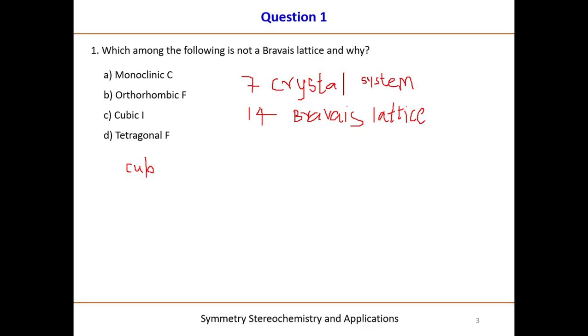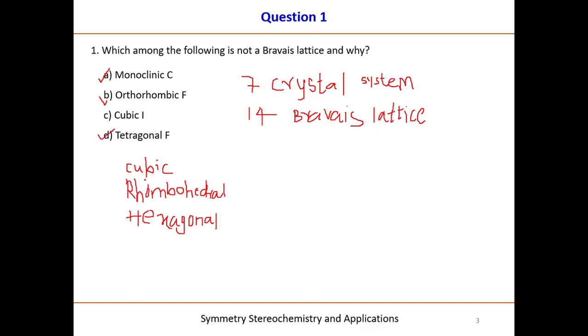I'm writing here the crystal systems: cubic, then rhombohedral, then hexagonal, and monoclinic, orthorhombic, tetragonal is given.